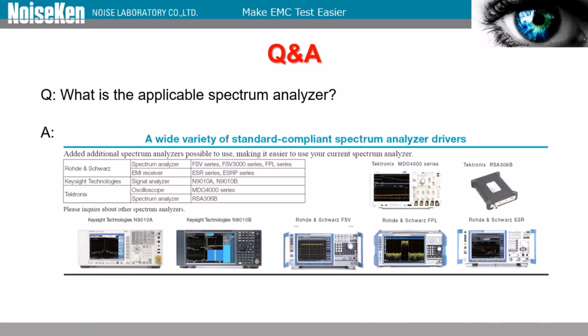This system supports a wide variety of standard-compliant spectrum analyzer drivers. Those are very common spectrum analyzers on the market: Rohde & Schwarz, Keysight, Tektronix. If your spectrum analyzer is not on the list, simply tell us, and we'll see whether we can make a driver for you.